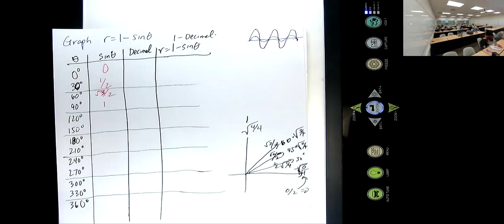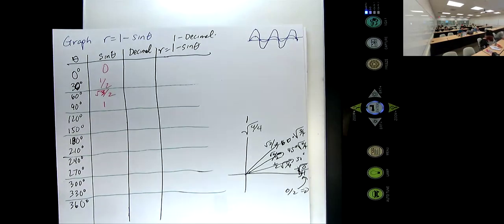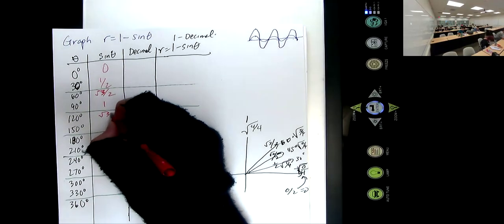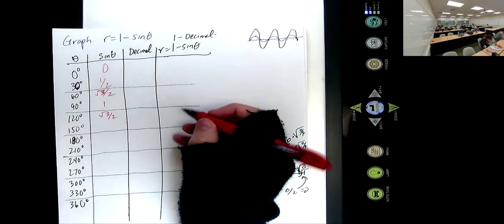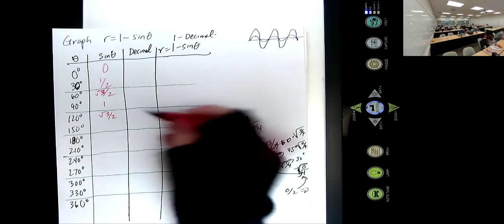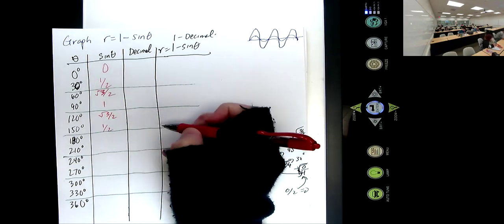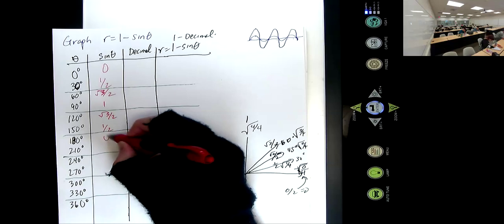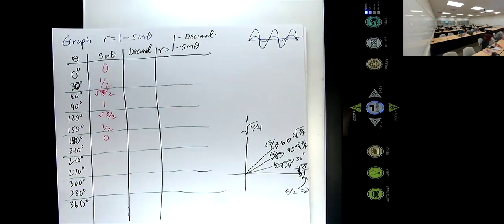And that's 1. What's 120 degrees? 150. 180. Notice the pattern rises and then falls. It's a symmetrical sequence there. 210 is what?